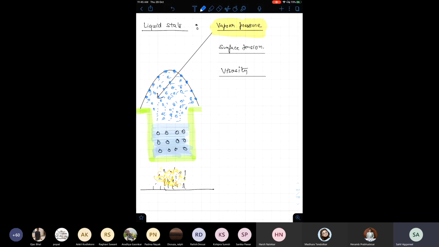So first you had liquid, you heated it, so liquid becomes vapors. Now vapors, when collide with the walls of the container, they start converting into liquid. तो liquid वापस आने लग जाएगा. तो you will be having condensation and evaporation.